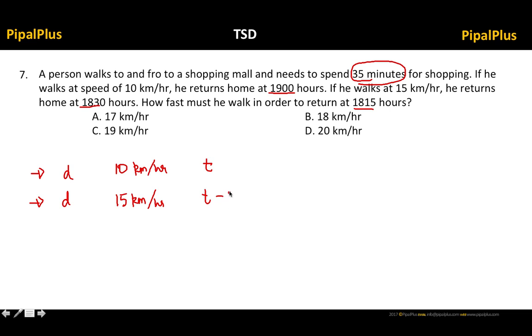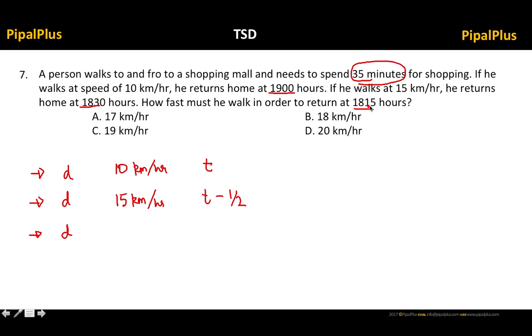So that is all we need to do. I've taken it as half an hour because the time is in hours, and the speed is also in kilometers per hour. So in the second situation, when he walks at 15 kilometers per hour, the travel time is reduced by half an hour. Now the question says that the same distance must be covered in a time which is 45 minutes faster than the usual time.